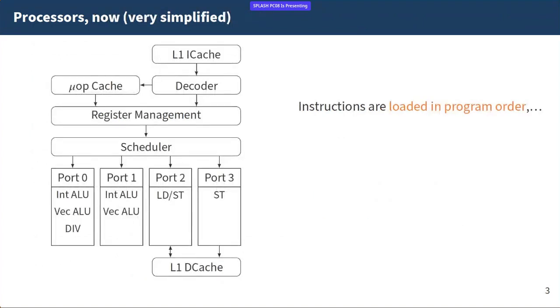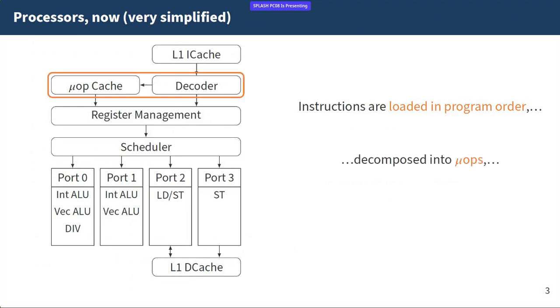However, since these olden days, processors have become quite a lot more complicated. While instructions typically still are loaded in program order, they are then put into some decoder stage, which decomposes them into micro-ops.